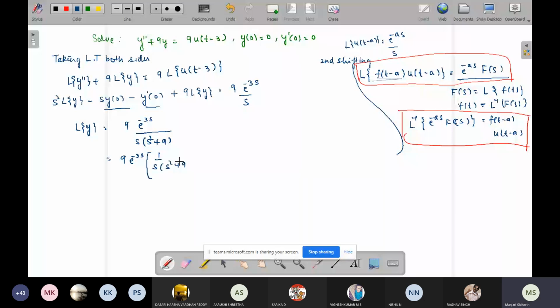So we use partial fractions here, and you know how to use partial fractions. I'll write here, then I will erase, so if you want to note it down, you can.